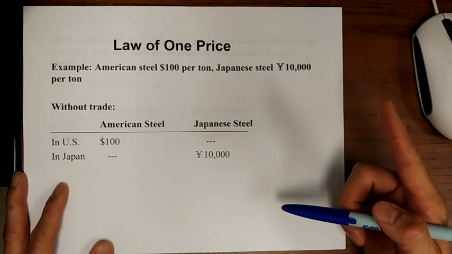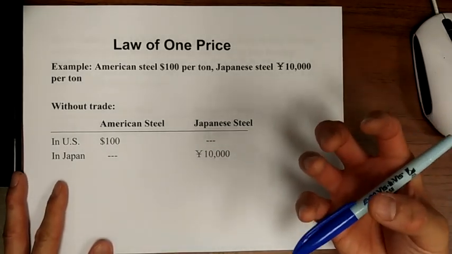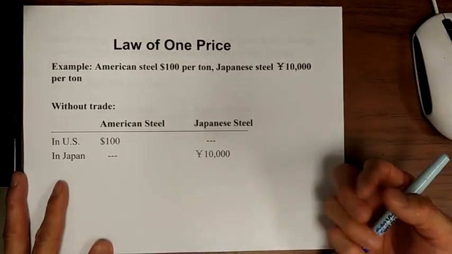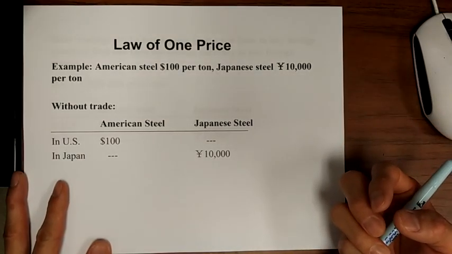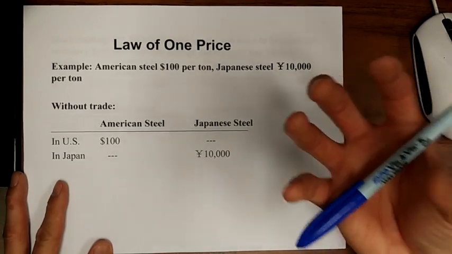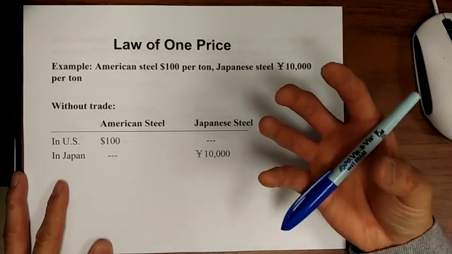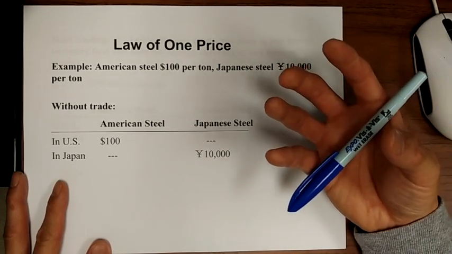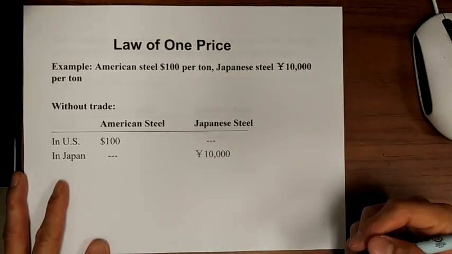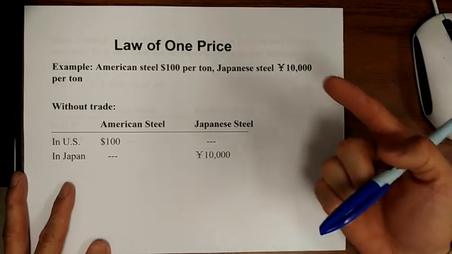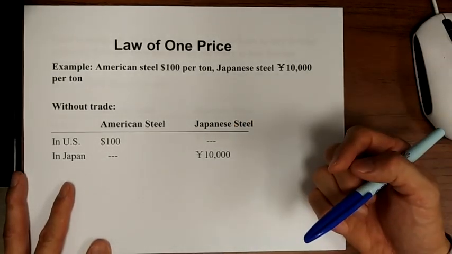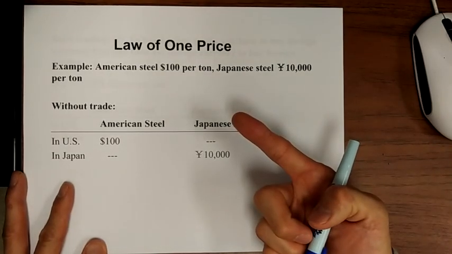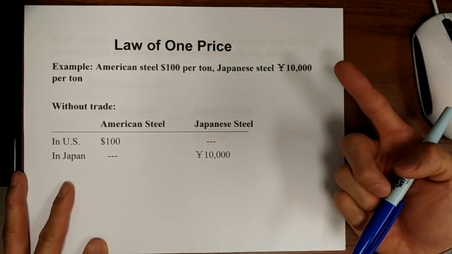Say for example, if a Big Mac in the United States costs you $3, and this exact Big Mac is sold in Japan for 300 yens, then the law of one price says you should be able to use $3 to buy 300 yens.